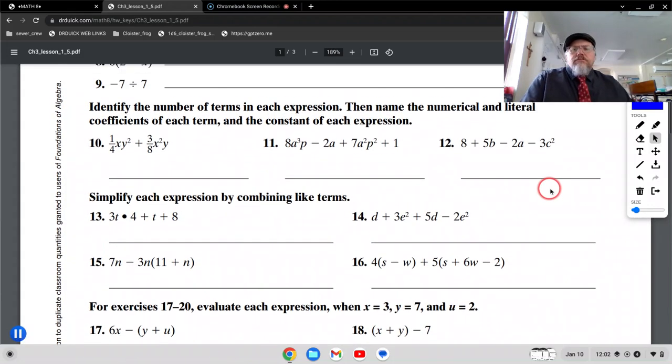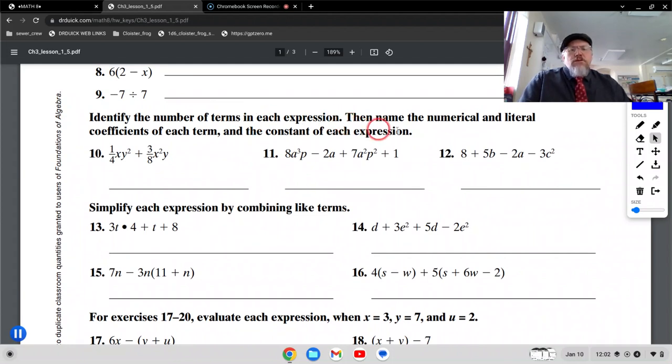Now, identify the terms in each expression, then name the numerical and literal coefficients of each term and the constant in each expression. So the first one, terms are separated by pluses and minuses. In this case, 1, 2, 3, 4, there are actually 4 terms. I can put a semicolon.